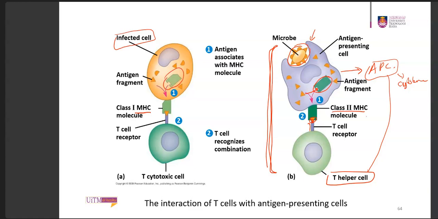Okay, so the antigen fragment will bind to the class 1 and then goes to the cell surface, present the antigen molecule to cytotoxic T cell. Okay, present the antigen fragment to a specific cytotoxic T cell that has receptor that matches with the antigen presented using class 1.